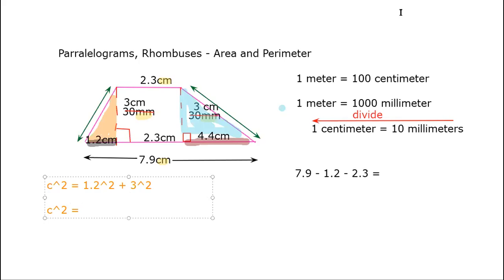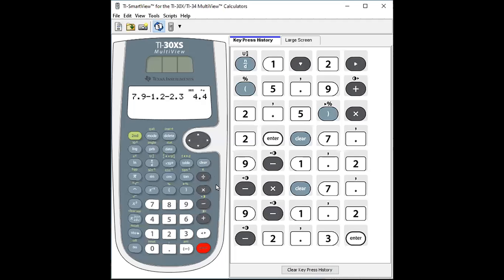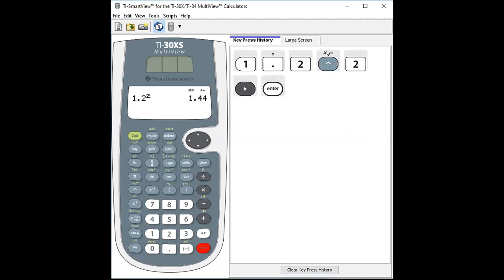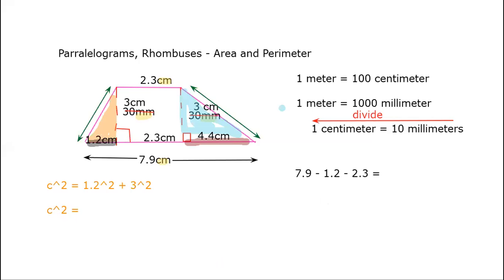So we'll go over to our calculator. 1.2, up arrow, squared, directional pad to the right, enter. That's 1.44. 3 squared is 9. So c squared equals 10.44.